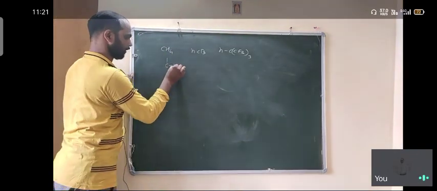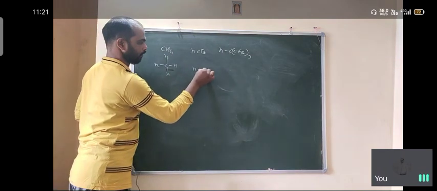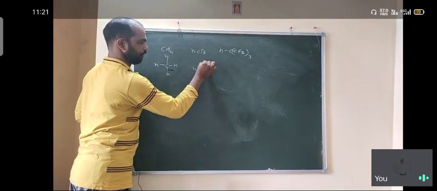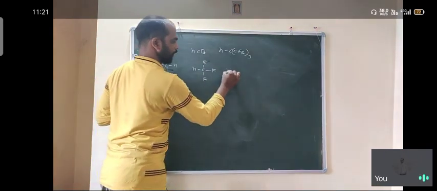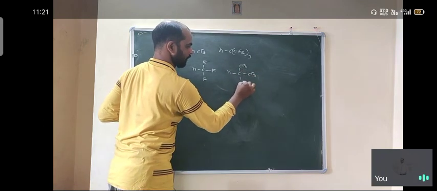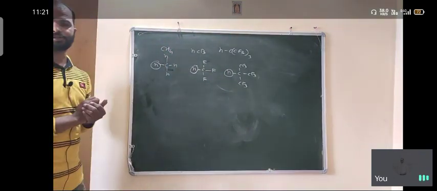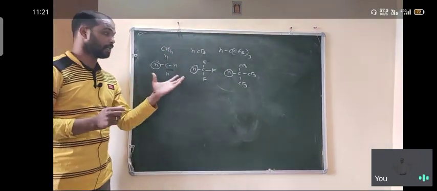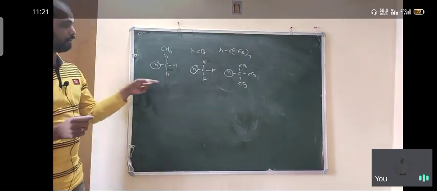You can write it this way: here F, here F, here F, CF3, CF3, CF3. We think about these protons, which are hydrogens. Whether they behave as a proton or not depends on the other substituent.